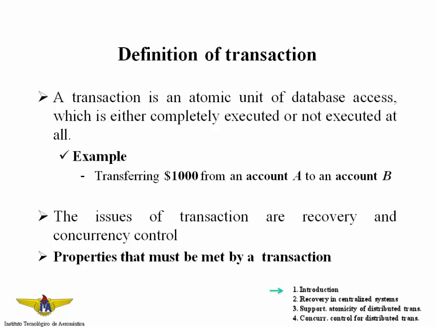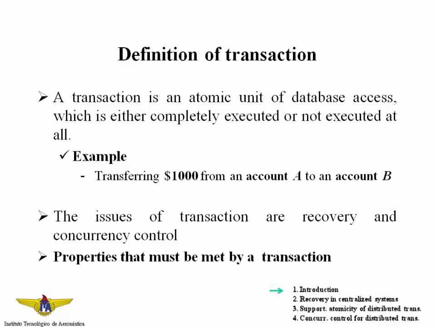The issues of transactions that are relevant to this course, and relevant to having a correct result, are two. One is recovery, because as you may know, in distributed systems you have components and subsystems that can fail, so you have to consider how recovery will be dealt with. Another thing is concurrency.